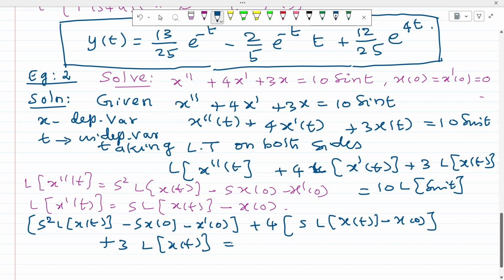Right hand side. What is L of sin t? The Laplace transform of sin t. So 10 divided by s square plus 1.